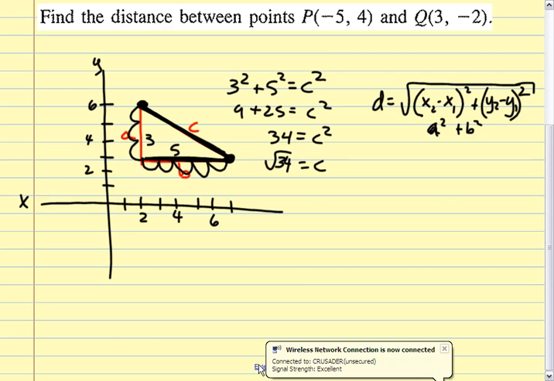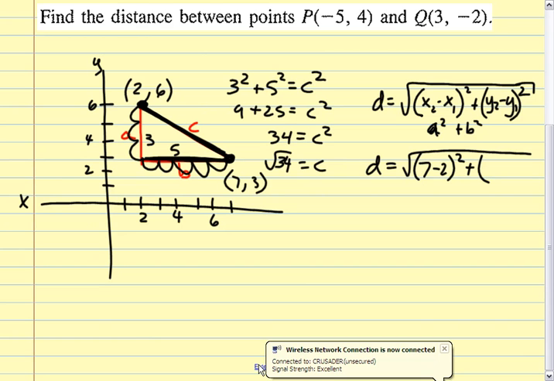So let's do this quickly. I'm going to just plug in these numbers. All right? This one, its point was 2, 6. And this one is, what is that one? 7, 3. Is that right? Yeah? So now, if I plug it in there, it's the square root of, I'll do the x's first, 7 minus 2 squared plus 3 minus 6 squared.